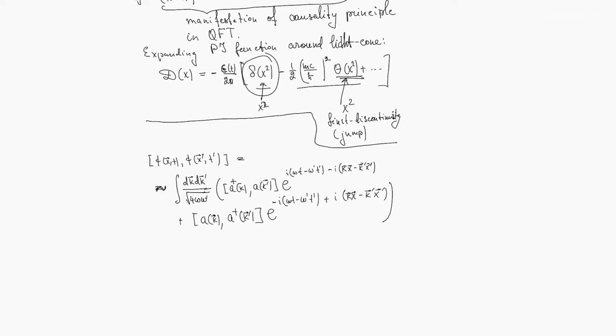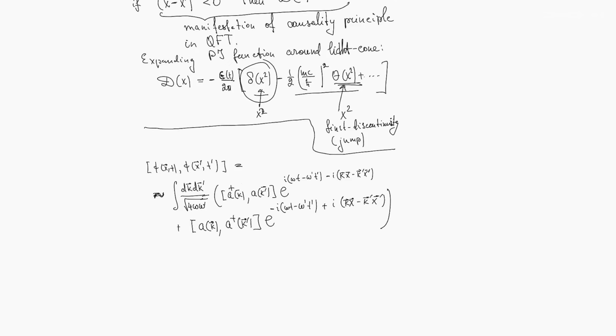You see that the field phi contains a dagger and a, two terms, and here there are also two terms, a dagger and a. The commutator of a dagger with a dagger is equal to 0, the commutator of a with a is equal to 0. So what is left over is a commutator of a dagger depending on k with a depending on k prime, and another commutator of a depending on k with a dagger depending on k prime. And this is exactly what I have written down here. So you use the Fourier decomposition of phi, and then you come to this formula.